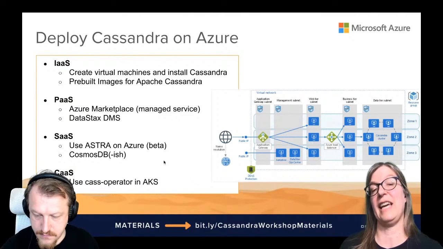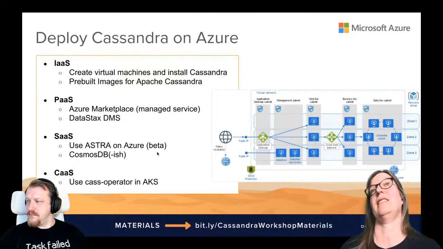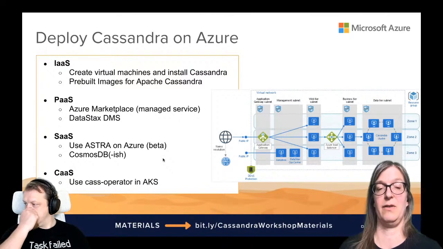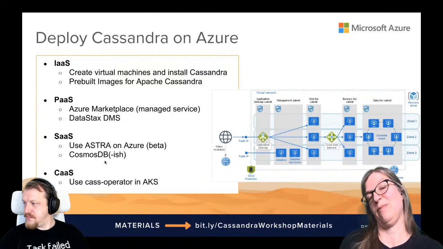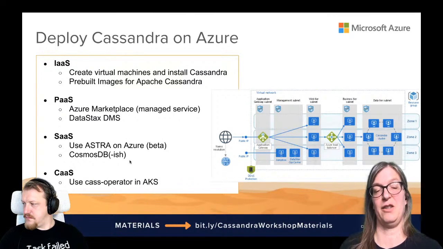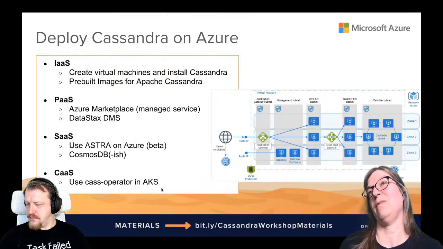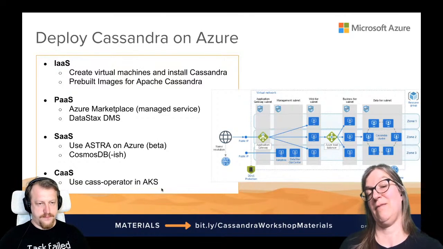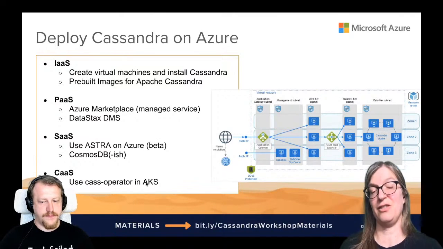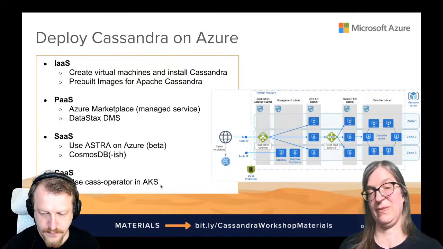You can get Astra on Azure. It's currently in beta, but we're working on deploying it fully. You get the Cassandra-ish access via Cosmos, and you can again deploy via the operator, in this case on Azure Kubernetes Service.